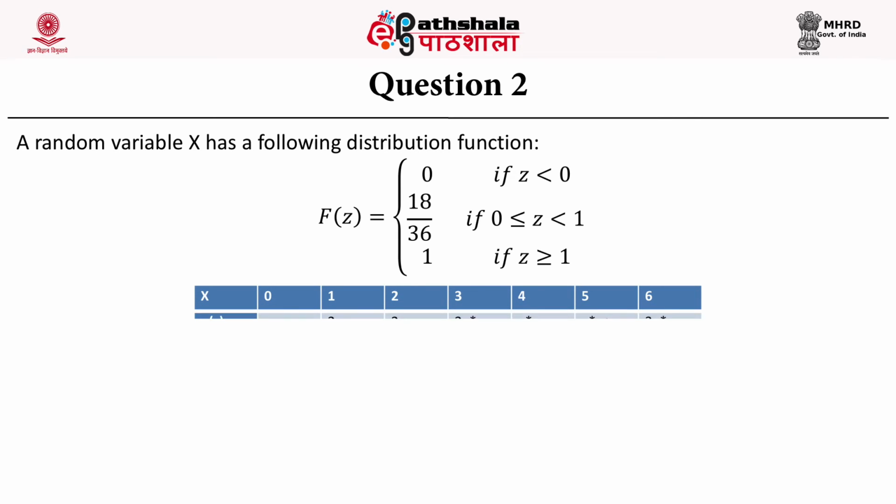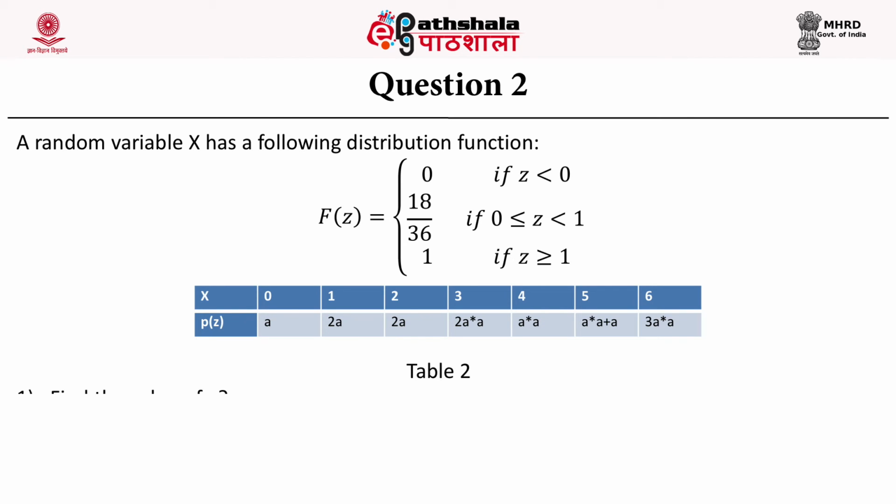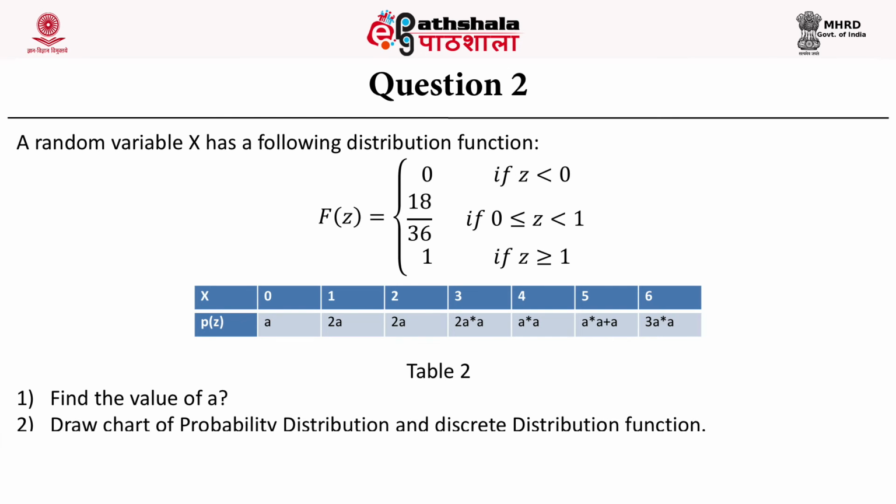Here the possible values of x are 0, 1, 2, 3, 4, 5, 6, and p(z) is given as a, 2a, 2a, 2a square, a square, a square plus a, 3a square. Here a is a constant, and we are interested in finding the value of a. We also have to draw a chart of the probability distribution and the discrete distribution function.